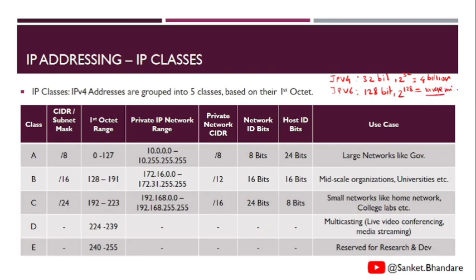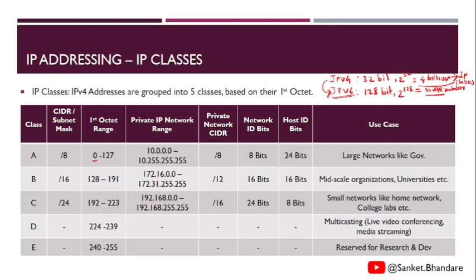So a lot of IPs are available in IPv6, and the IPv4 limit is getting fulfilled in the near future, and that is the reason IPv6 will be used in future. So IP classes, IPv4 addresses are grouped into 5 classes based on their first octet.